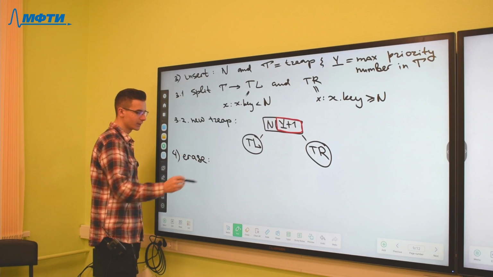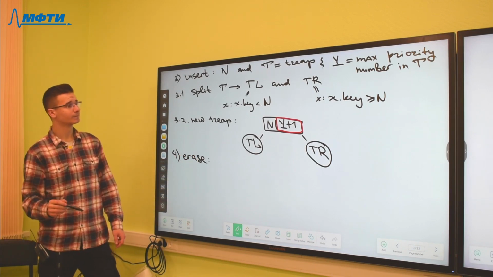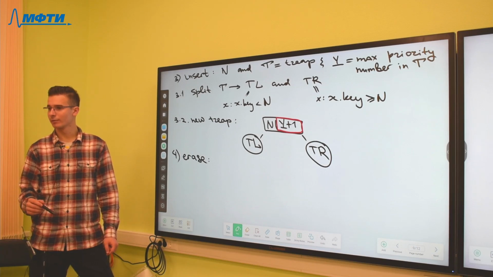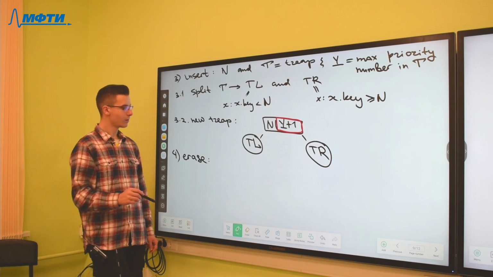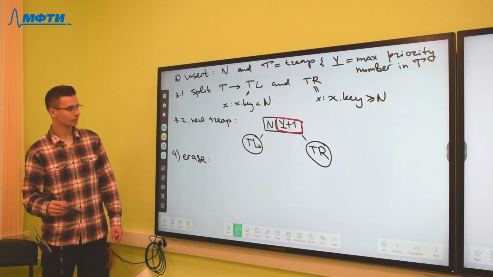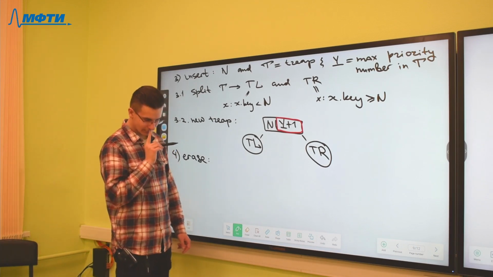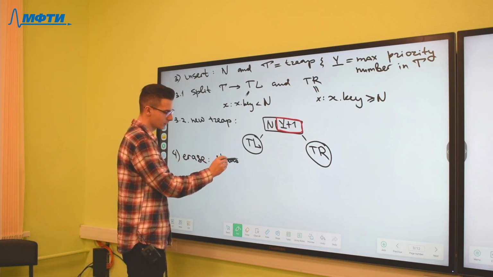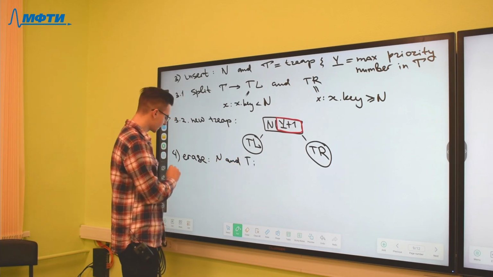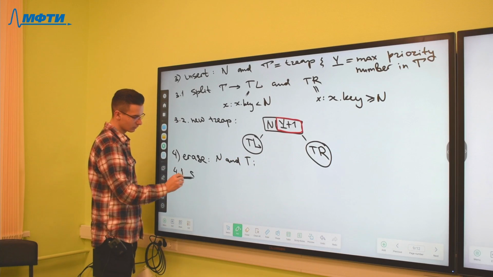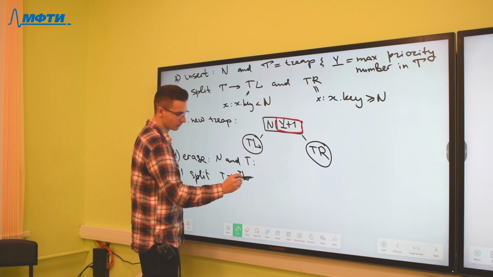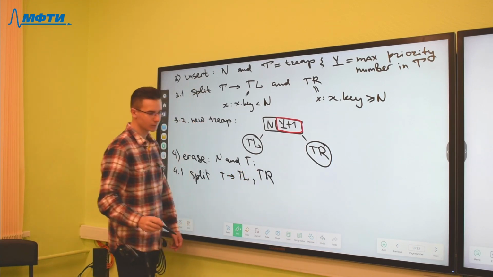If we want to erase the number, how to erase the number? Firstly, we can split by this number. Yeah, we have n and T. So firstly, we can split T again into subtrees.